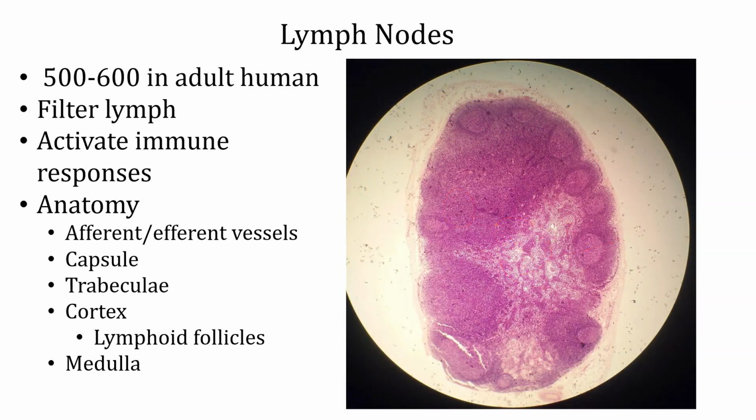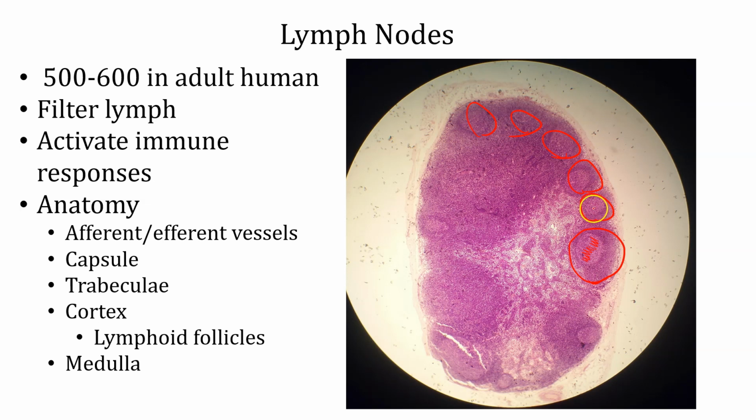Here's a slide showing a lymph node, and you can see the different nodules and the different regions in the cortex, and these little lighter areas would be the germinal centers. They're a little bit lighter in color because they're fresh cells which have divided, so there's a little more space between them.